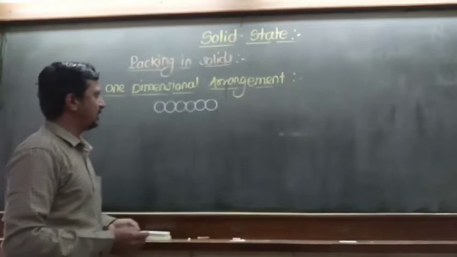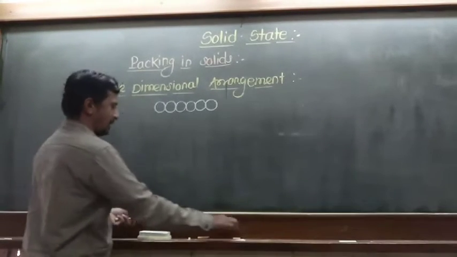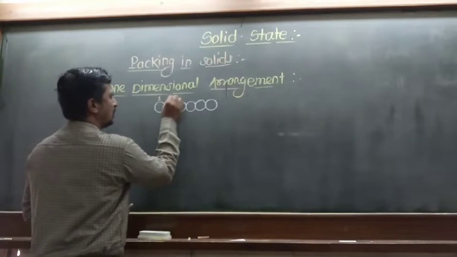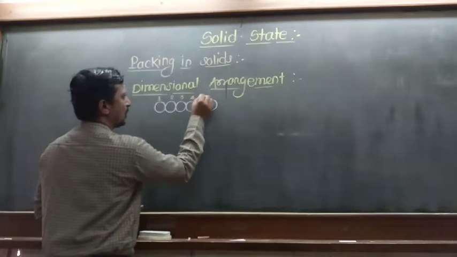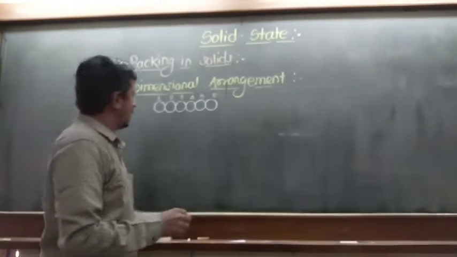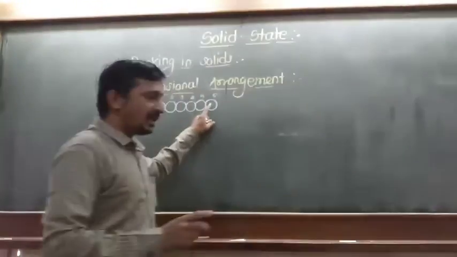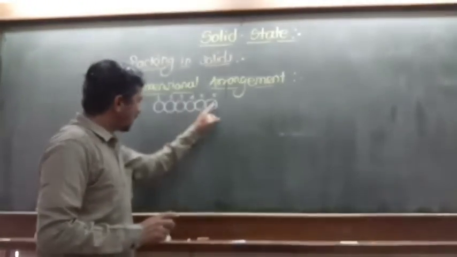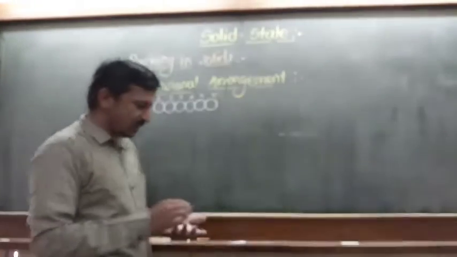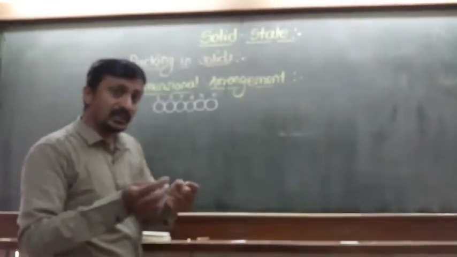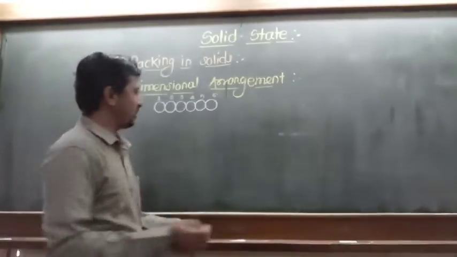And due to that, all these atoms are in contact with each other. So one more point, if you number these atoms 1, 2, 3, 4, 5 and 6, except the two terminal atoms, that is atom 1 and atom 6, all these atoms are in direct contact with two neighboring atoms. Just consider atom number 3.